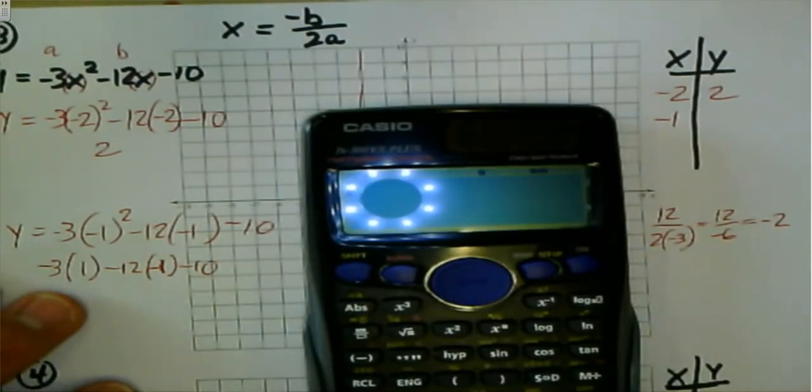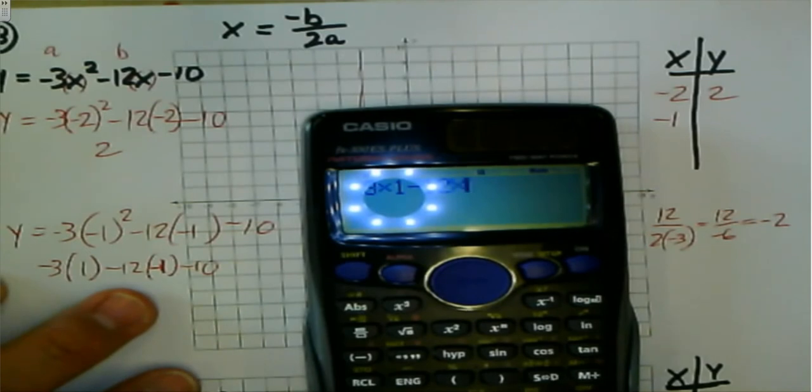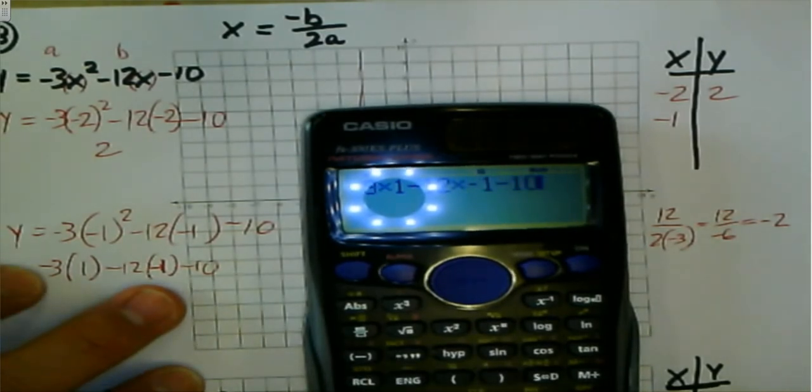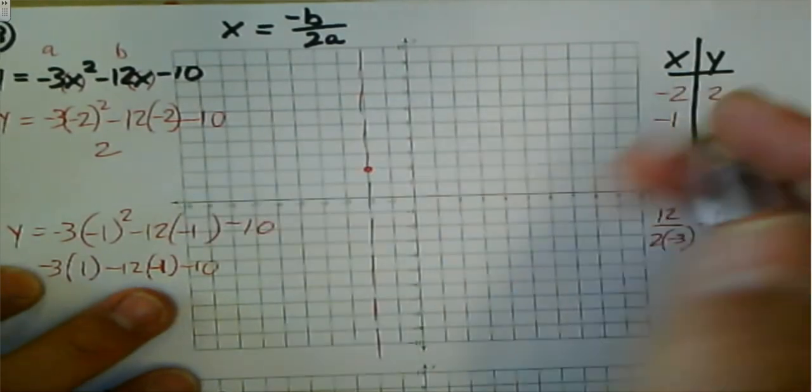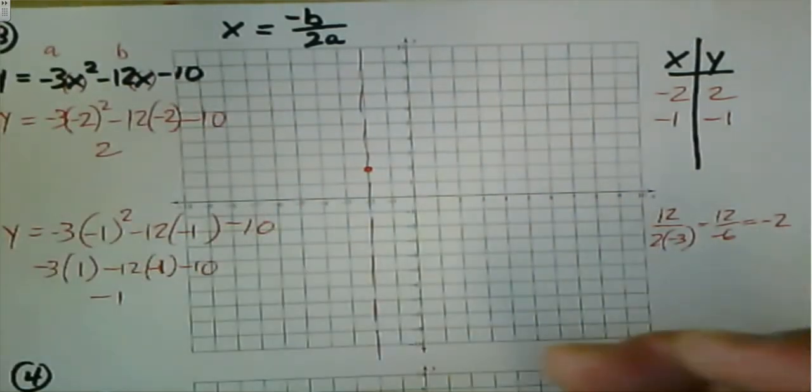A little easier to enter in the calculator, I suppose. Times 1 minus 12 times negative 1 minus 10. And it ends up negative 1. I showed you a couple different ways to enter that into the calculator.